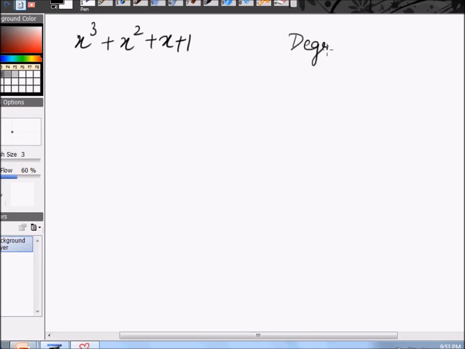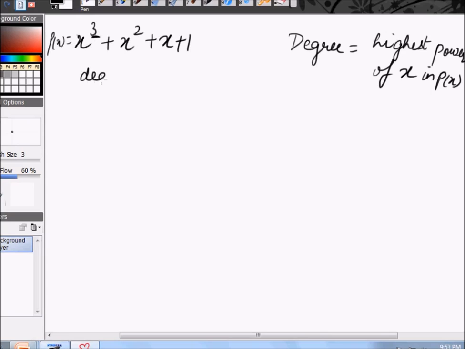The degree is said to be the highest power of x in p of x. Now if x cube plus x square plus x plus 1 is a polynomial, then the highest power clearly is 3. Therefore degree equals 3.